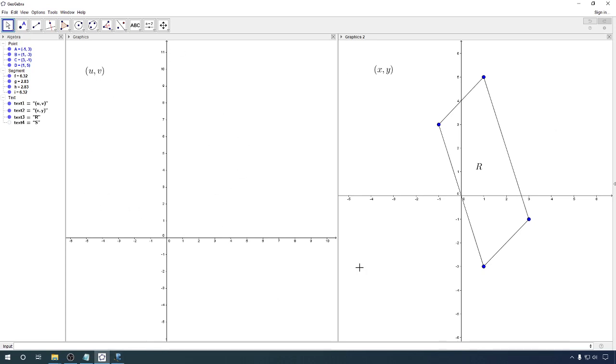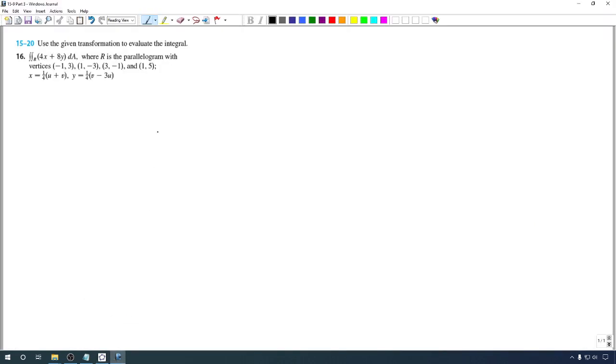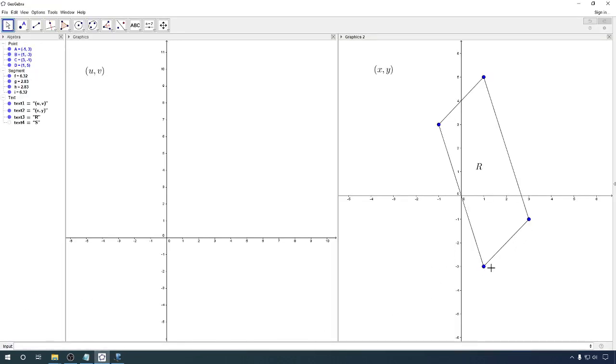Now, in order to do that, the best way of actually working this out is to figure out what these different boundary curves actually are. So if we derive what the lines are for this particular parallelogram, for one thing, we can note that this line here has a slope of 1.